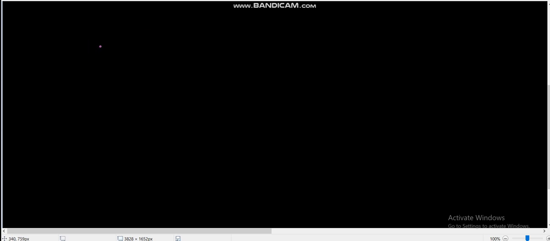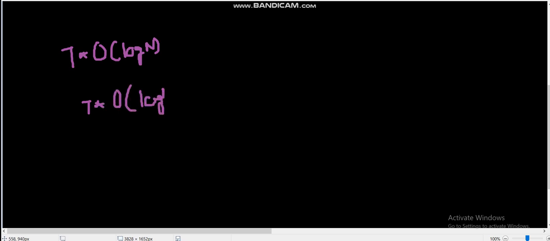So you can think of O(log n). Log n is around 60. So the time complexity will be t times O(log n), or I have solved it using t times O(log squared n).